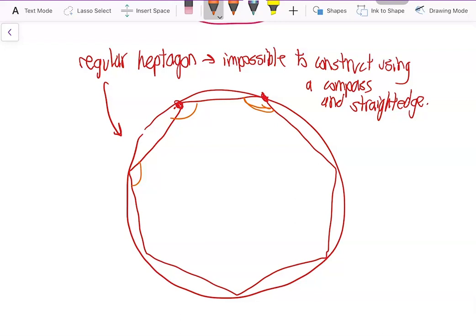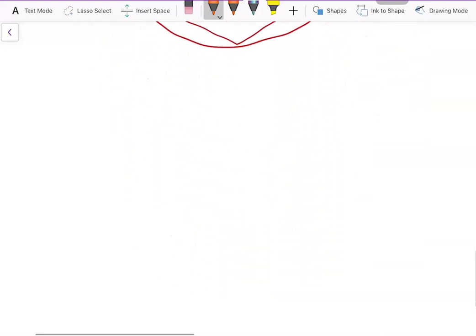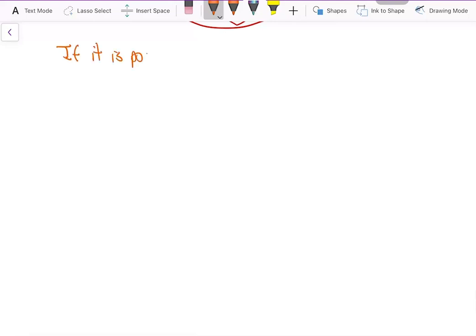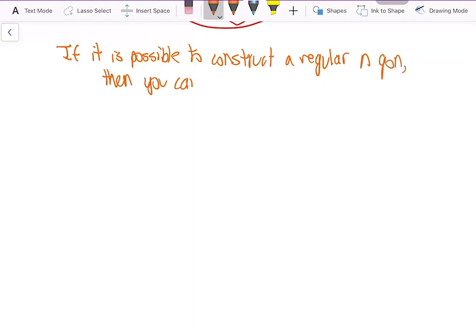Now one thing I'll show you is, if it is possible to construct a regular n-gon, then you can construct a regular 2n-gon.